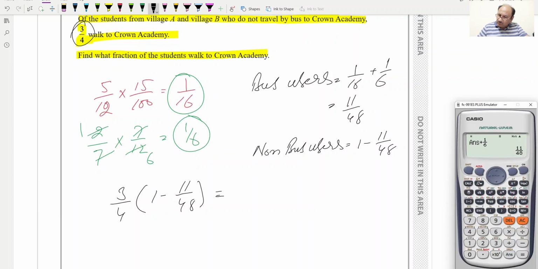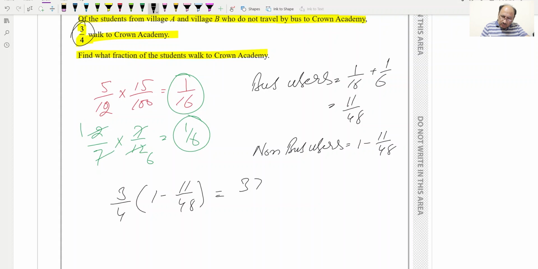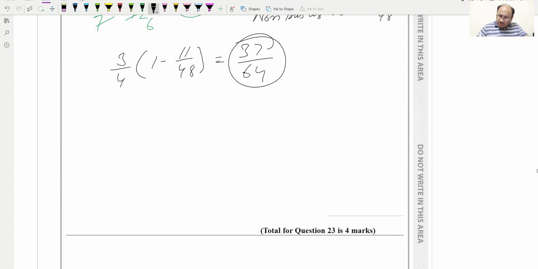So we can calculate 3 over 4 of (1 minus 11 over 48), and this is equal to 37 over 64. This will be our final answer for this question, 37 over 64, and this is for 4 marks.